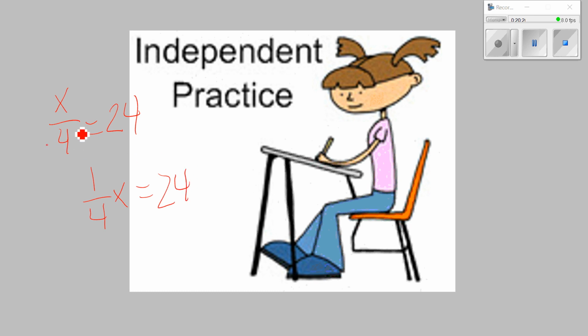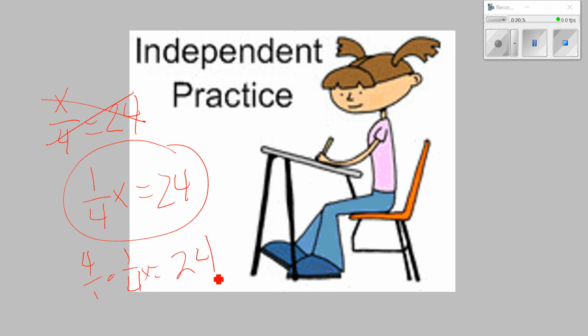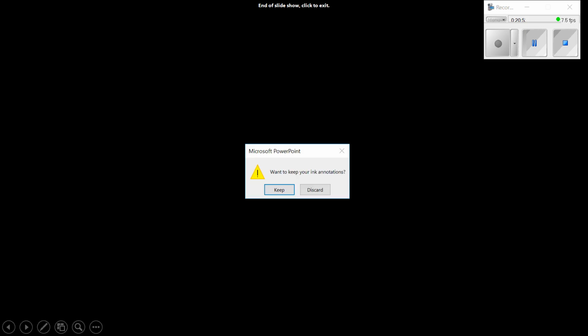So I never have to divide. I can always solve it with multiplication. Okay? And then in order to solve that, I would just multiply by the reciprocal. And so then this would be x equals, oops, that's the reciprocal, 4/1. It won't let me finish writing, but you get the picture.